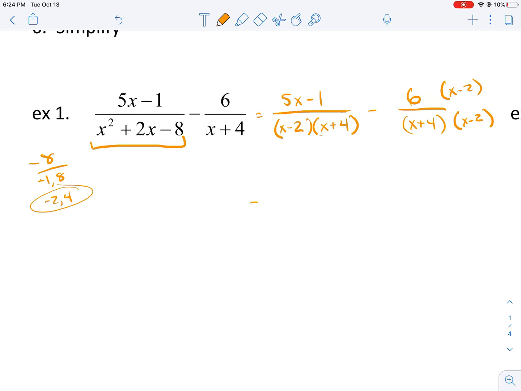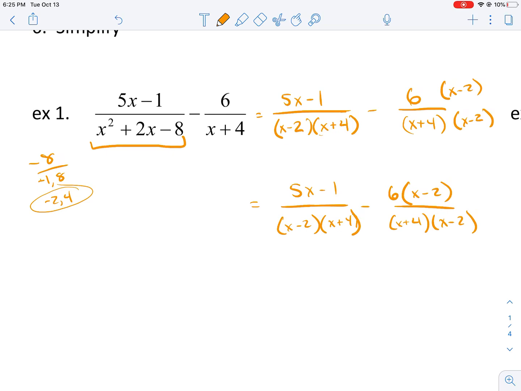And by doing so, we get 5x minus 1. I didn't do anything to the left one because I liked its denominator. I liked where it was going. So over here, I'm going to have 6x minus 2 over x plus 4, x minus 2.